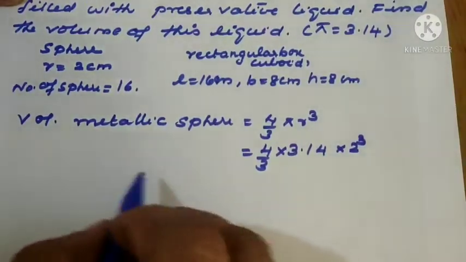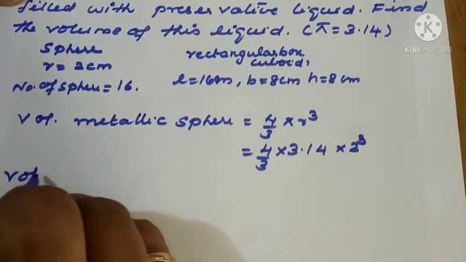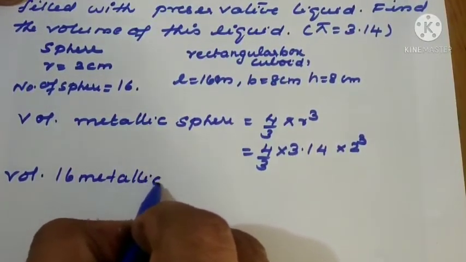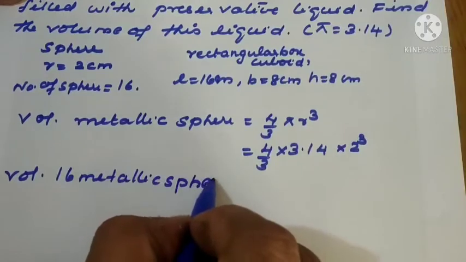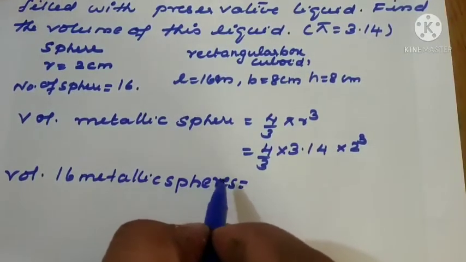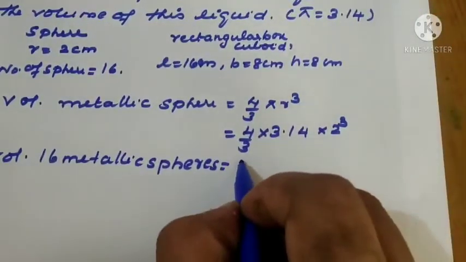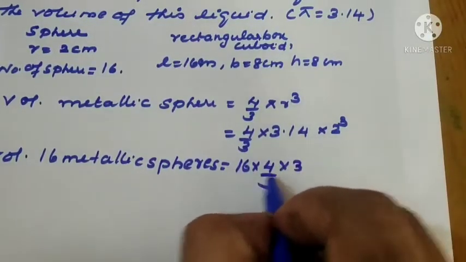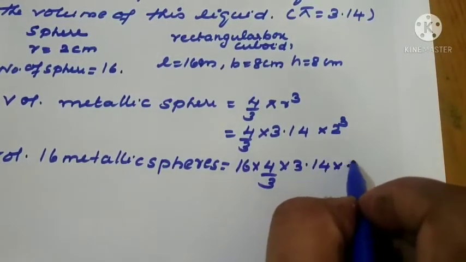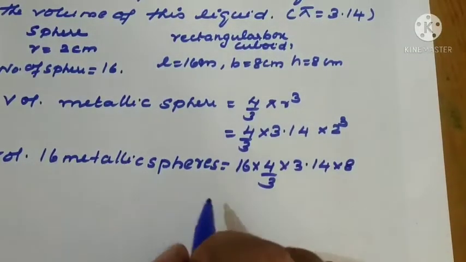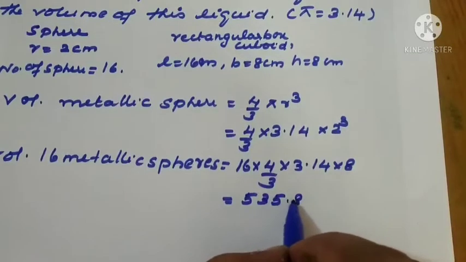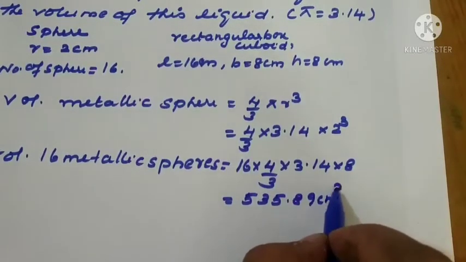Now, how many metallic spheres are there? 16. So volume of the 16 metallic spheres equals 16 into 4 by 3 into 3.14 into 8. After simplification, you will get the answer 535.89 centimeter cube.